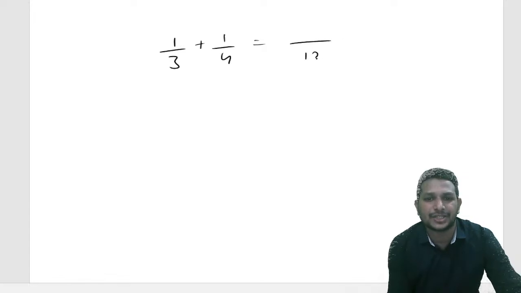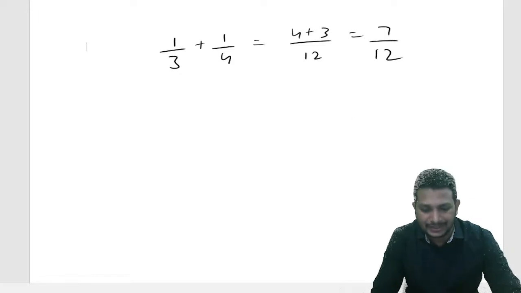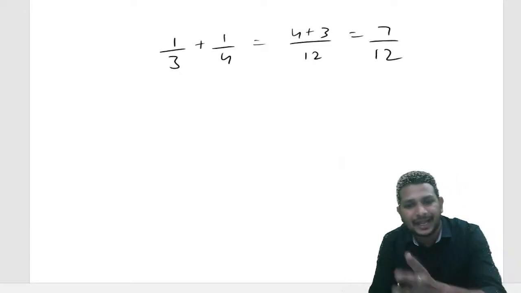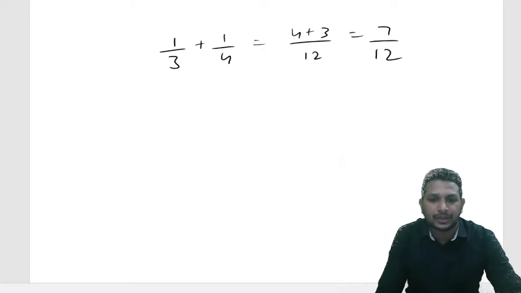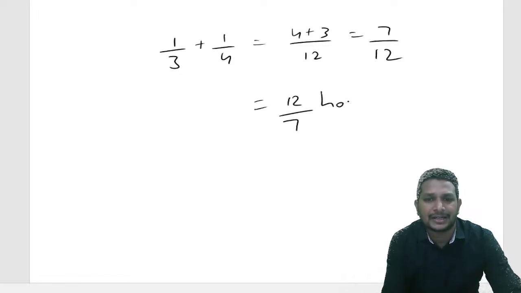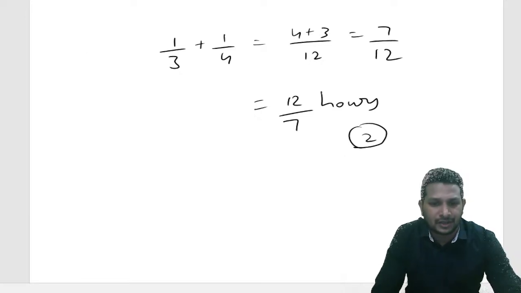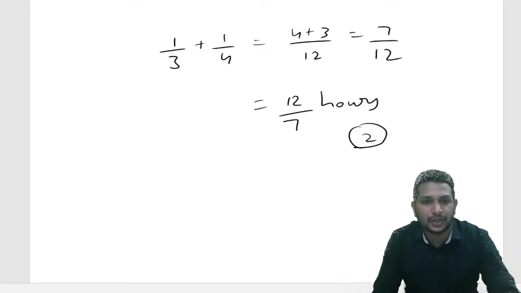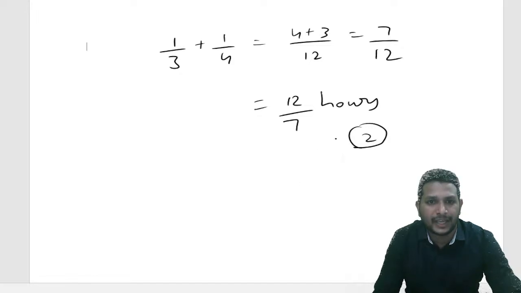If I take the LCM as 12, we get 4 plus 3, 7 by 12. As we need to take the total time it took, even if we got the answer as 7 by 12, we need to take the reciprocal, right? So the final answer is 12 by 7 hours, which is option 2. The answer for the second question is option 2. Okay, next.